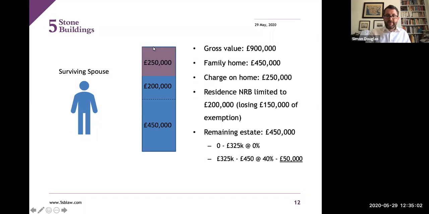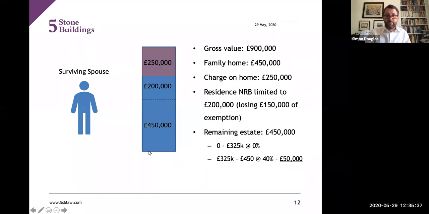We want to effectively move this liability from the family home to down here as part of the surviving spouse's general estate. So one possibility is for the surviving spouse to reach an agreement with the trustees of the discretionary trust, whereby they would swap this charge over the family home, or, if the trust has been constituted by appropriating a share, effectively buy back this share of the family home, and in return give an unsecured loan.